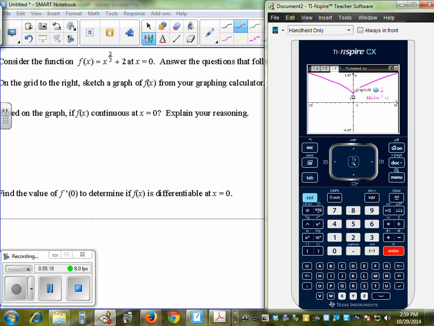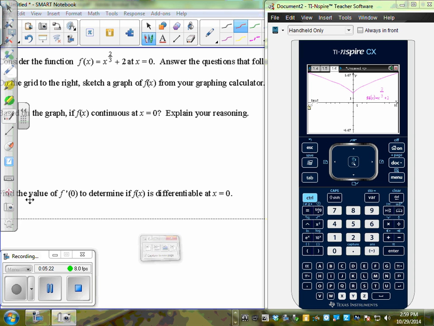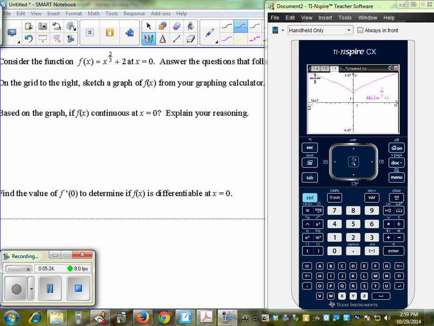Looks like a cusp, doesn't it? That does not look good for a derivative existing at that point.